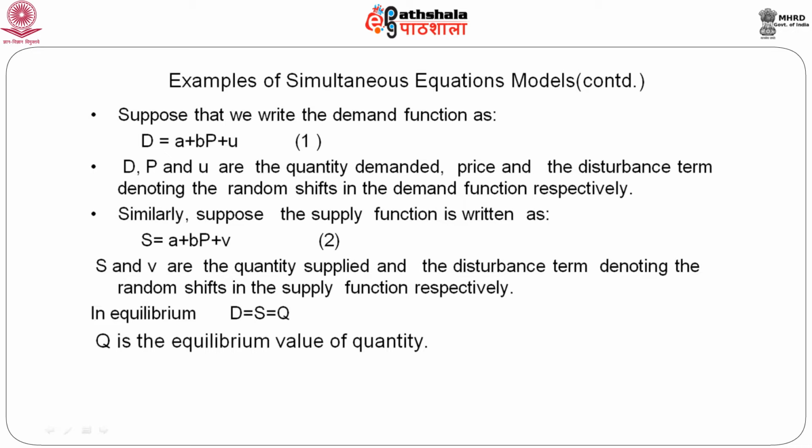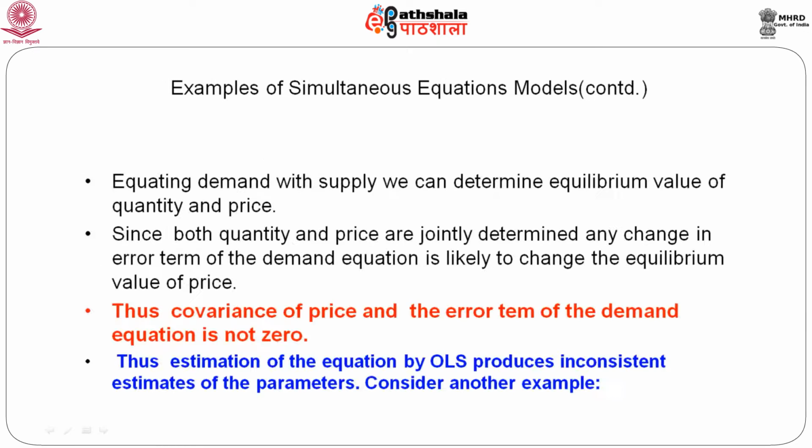Similarly, supply is a function of price and also an error term. Now, we assume equilibrium holds, so Q is the equilibrium value of quantity, implying demand is equal to supply. Equating demand with supply, we can determine the equilibrium values of quantity and price.